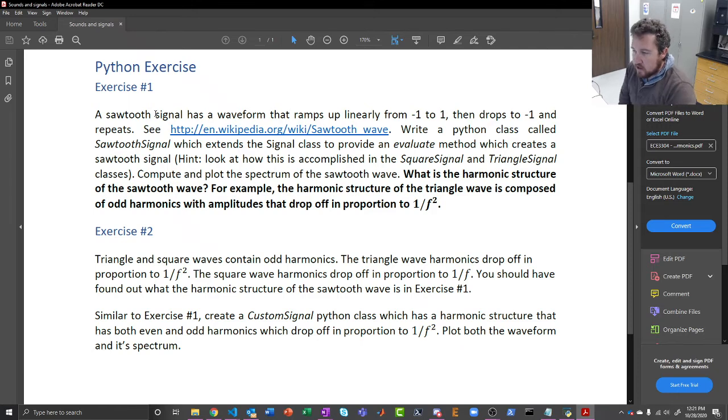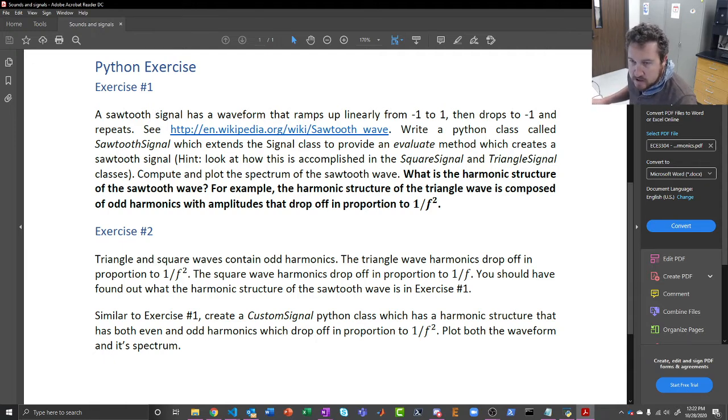What I want you to do now is come up with a custom signal, right? So we create a custom signal class that extends the Signal class, but it needs to have a specific harmonic structure. So you need to reverse engineer the harmonic structure, create one that has both even and odd harmonics, and that drops off in proportion to 1 over f squared, and plot the waveform and the spectrum.